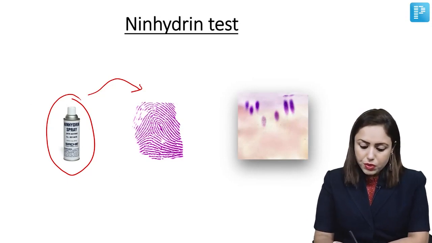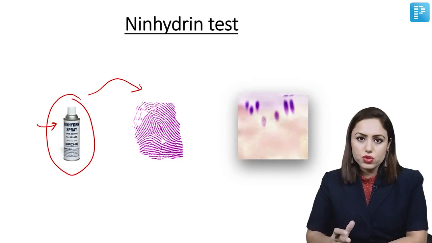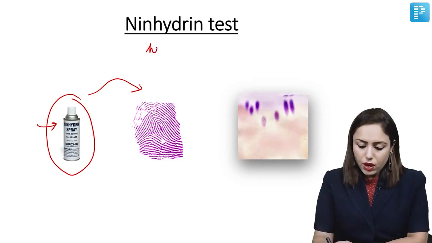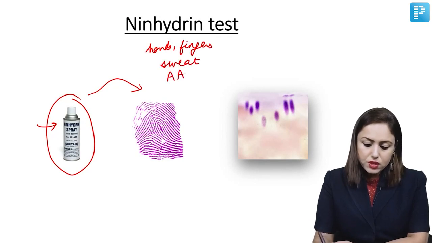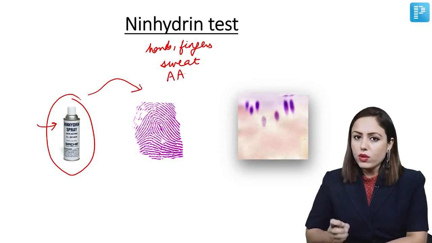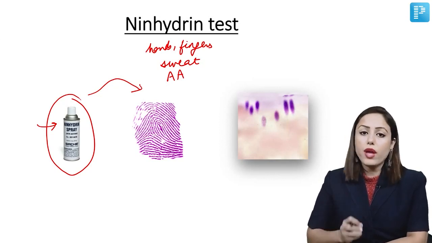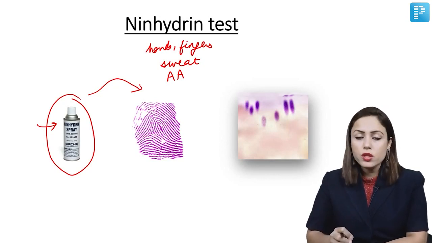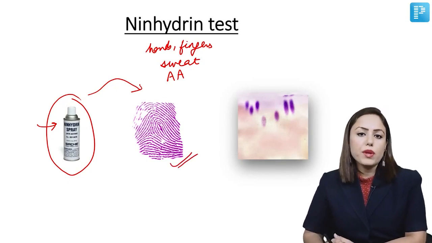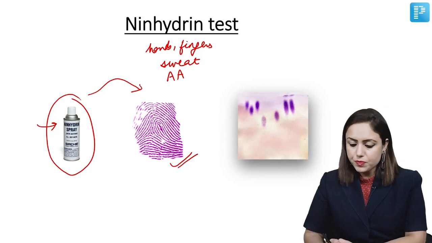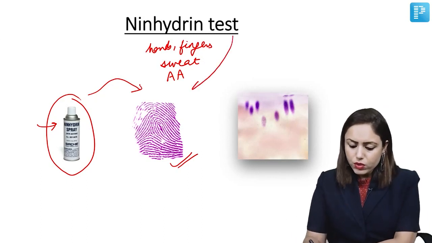The ninhydrin spray contains ninhydrin reagent, and in your hands or in your fingers there is sweat. Sweat has amino acid. So free amino acid will react with this ninhydrin reagent to give this purple color, and that can be used to obtain fingerprints, right?